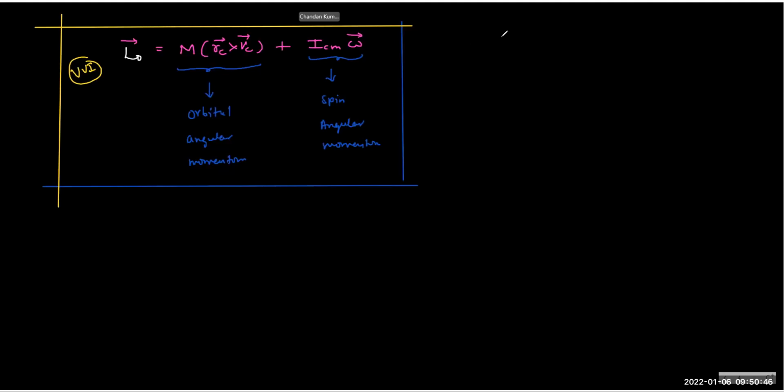So what can we write? The first thing is hinged bodies. If you have a body which is hinged, let's take a random body.